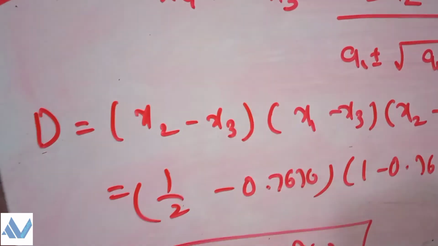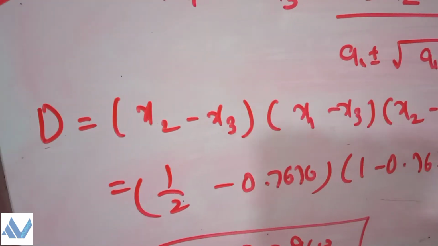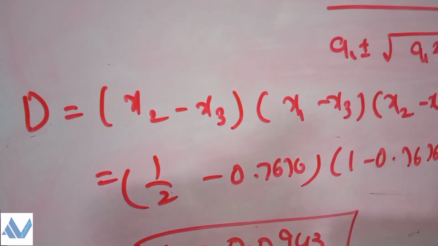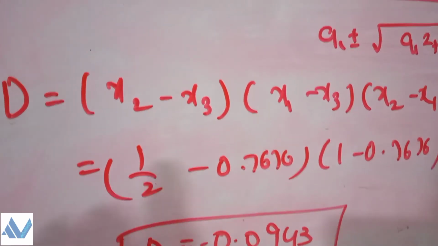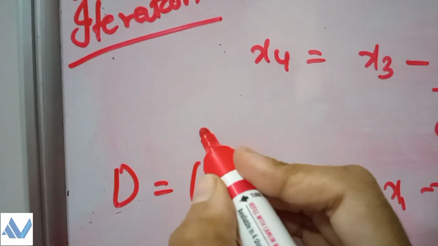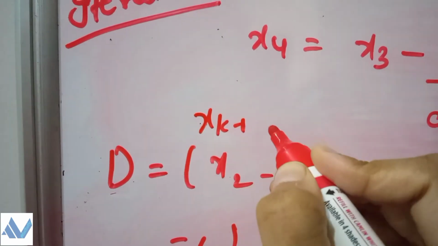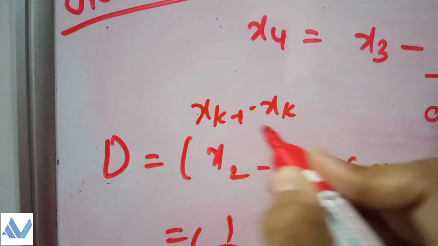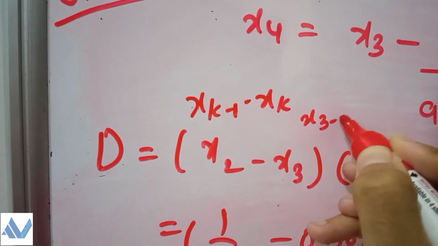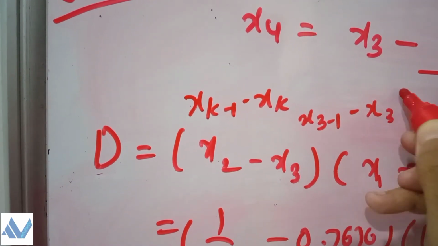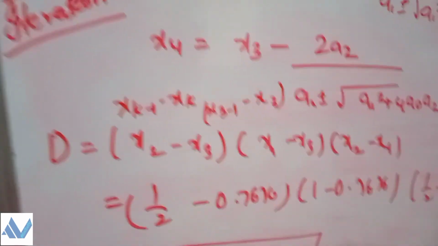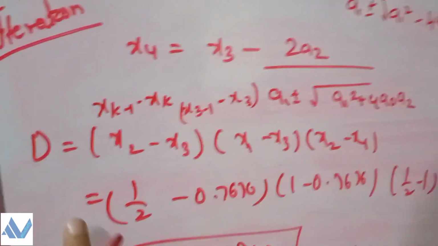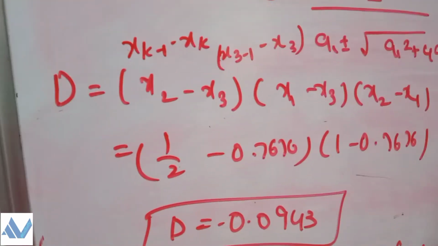According to what I showed you first, x_{k-1} minus x_k, you have to substitute and find this: x2 minus x3, x1 minus x3, x2 minus x1. I will show you once, x_{k-1} minus x_k. So x_{3-1} is x2, x2 minus x3. So this is what we substitute and we get the d value.